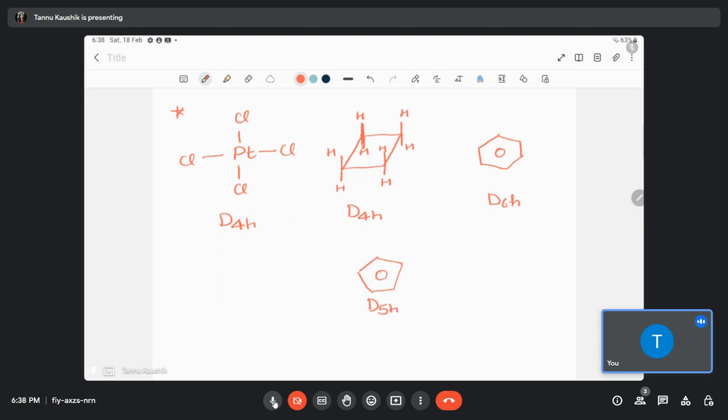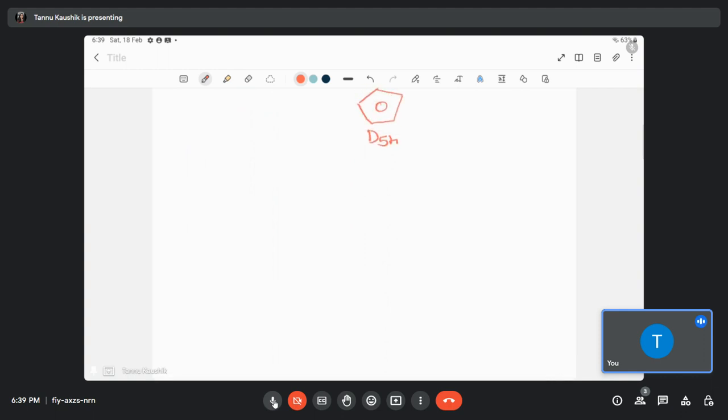It will have Th point group. So there are other examples similar to this for Dnh point group, which I am writing here.